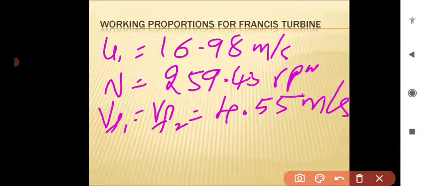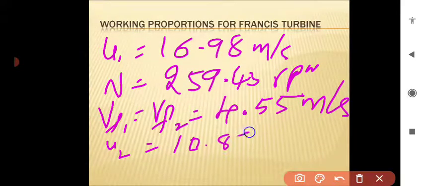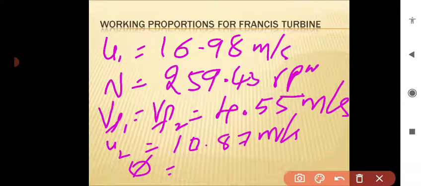Finally we calculated the velocity of the blade at outlet, U2 equal to 10.87 meter per second, and the outlet vane angle phi is equal to 22.7 degrees. So we calculated all these values from the given data of the problem.